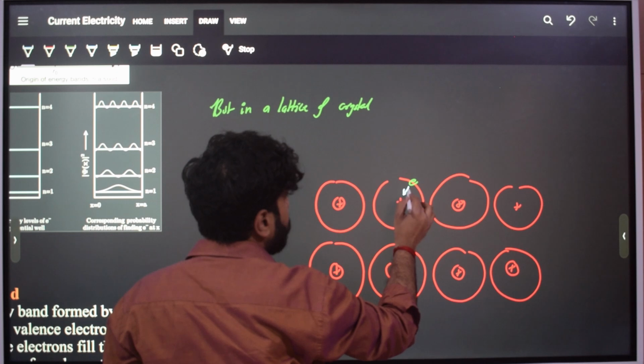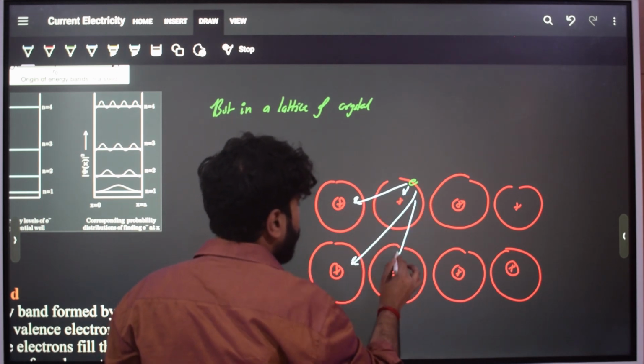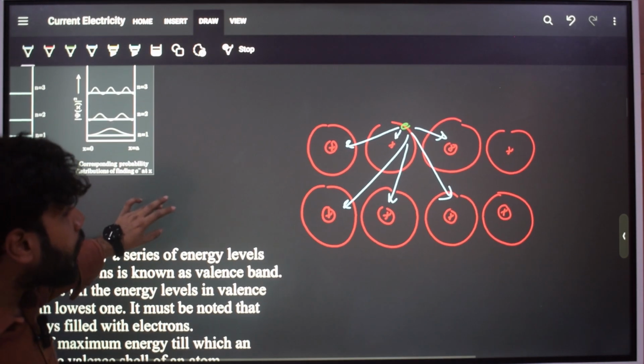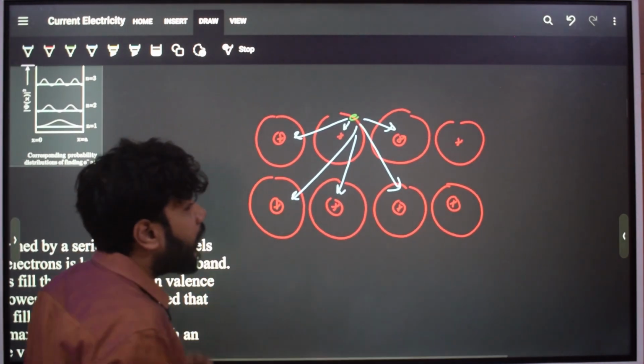This electron will be influenced by this nucleus and many other nuclei. So under the influence of many nuclei, it cannot have a sharply well defined energy level.